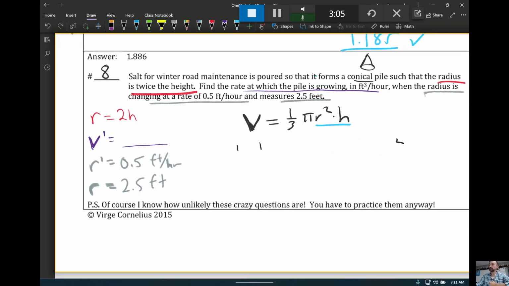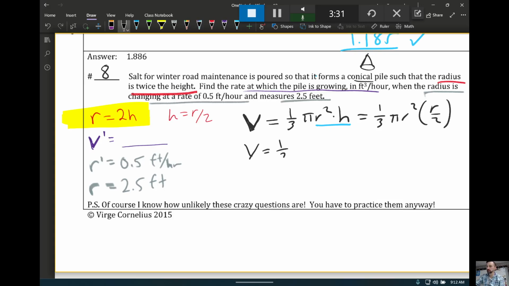So the trick to this is the thing that I didn't use. If r is 2 times h, I can say that h is r divided by 2 for this question. So instead of saying h, I could put r over 2. So the volume is 1/3 pi r cubed over 2, so I'll just make that a 1/6.